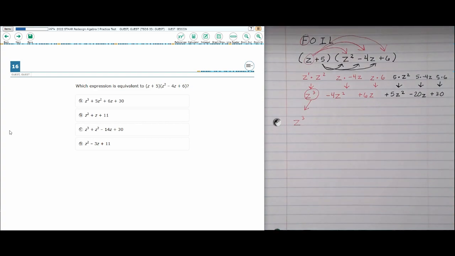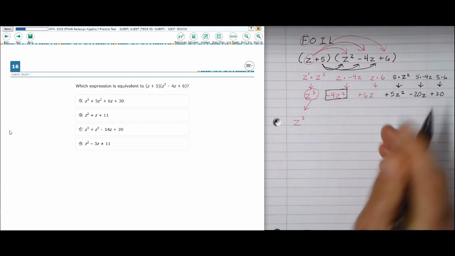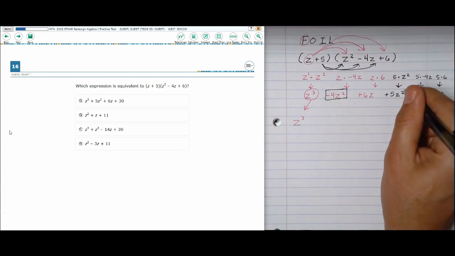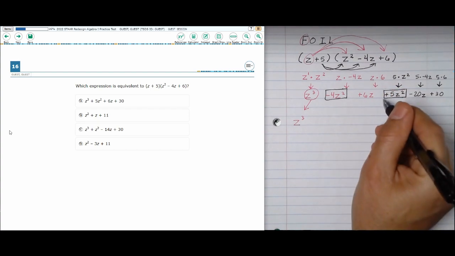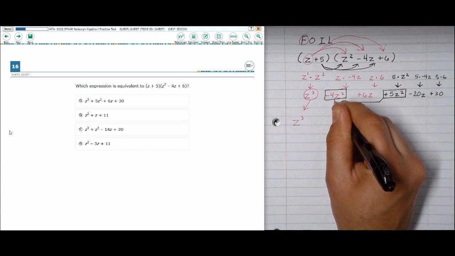Now what I want to do is see if I can find anything that has the same power and the same variable. So for instance, right here I have negative 4z to the second power. I'm going to box it. I also have one that's a positive 5z to the second power. Now these are the same. I'm going to put them together, and then I'm going to write the answer down there.